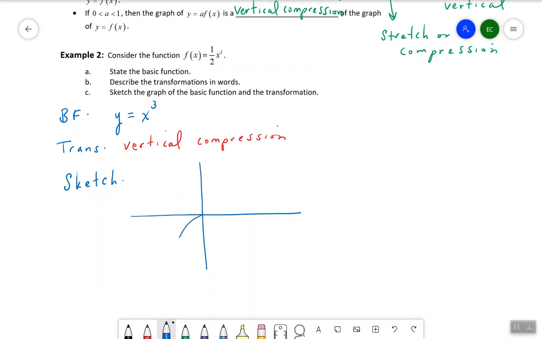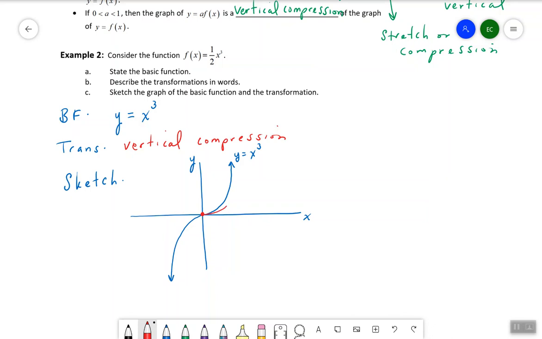And so now we can go ahead and sketch that transformation. It takes just a little bit of practice to make a nice graph here. If your graph doesn't come out great the first time, just try to draw it again. The key here is to sketch y equals x cubed and leave room for the vertical compression. Remember, the points that are above the x-axis are going to be pushed down toward the x-axis.